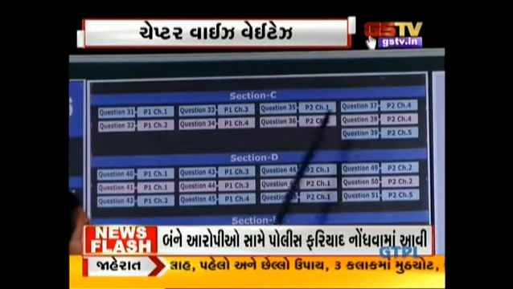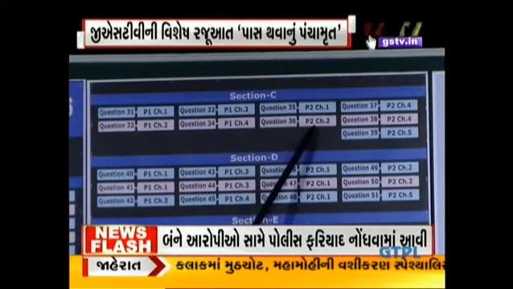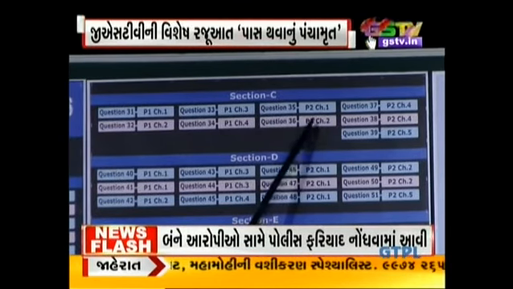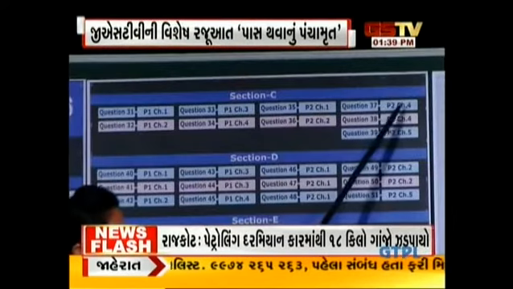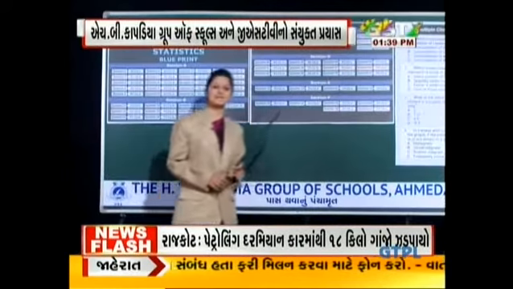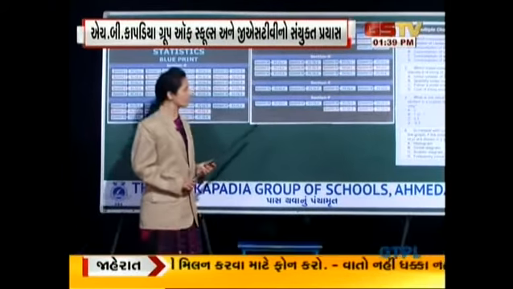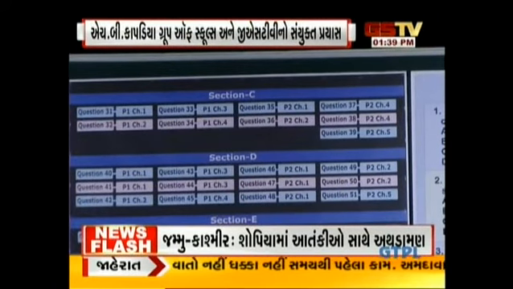And from part 2, 1 question from chapter 1 probability, 1 question from chapter 2 binomial distribution. From chapter 4 you have 2 questions, and from chapter 5 differentiation you will have 1 question. So this is how section C questions are divided.